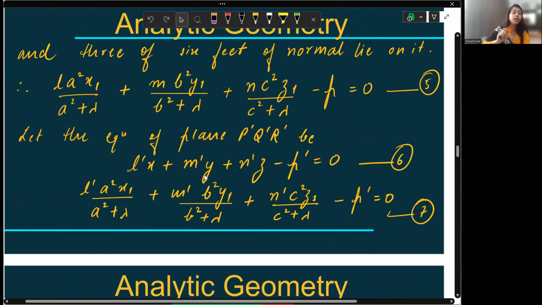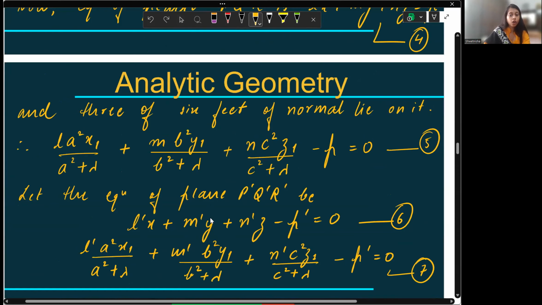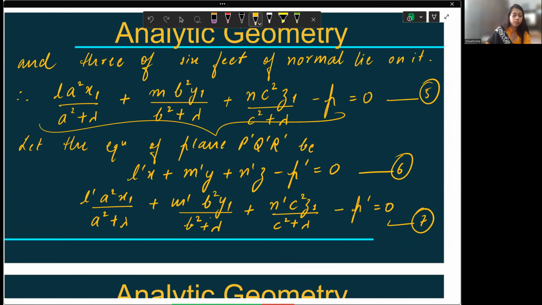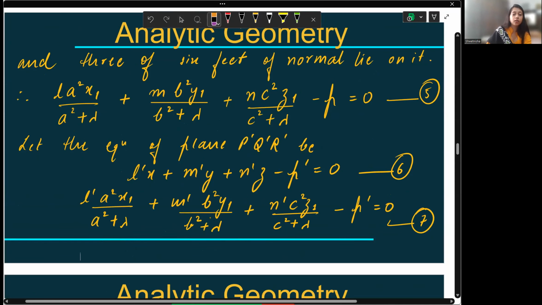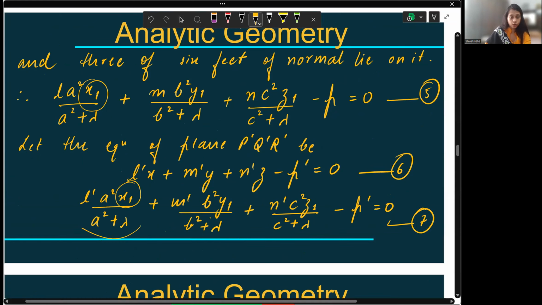Okay. So I'm not going to multiply. Instead, I'm going to only compare the coefficients. I can see an x1 square here, right? So if I multiply equation number 5 and equation number 7, what will be the coefficient of x1 square when this x1 is multiplied together? So that will be the coefficient.